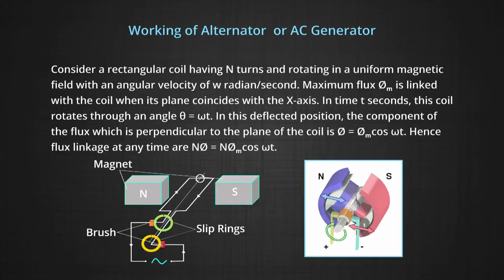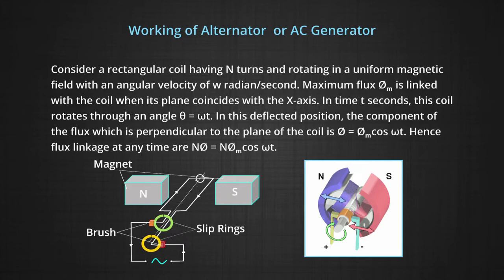As we saw in the previous diagram, consider a rectangular coil having N number of turns rotating in a uniform magnetic field with an angular velocity of omega radian per second. The maximum flux phi m is linked with the coil when its plane coincides with the x axis.